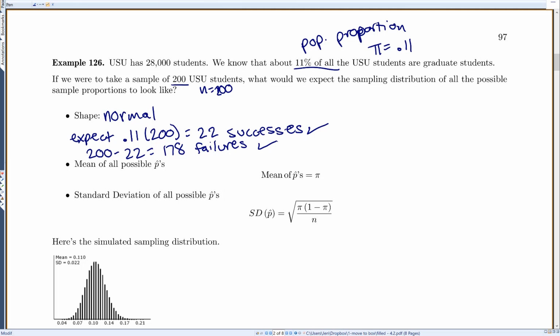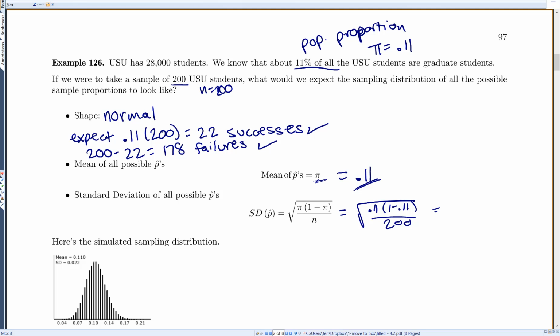Okay, what would be the center, or the mean, of all the possible sample proportions I could get? Well, it will just be centered at pi, our population proportion. So in our case, that's just going to be 0.11. And the standard deviation of all the possible sample proportions, the standard deviation of p hat, will be the square root of pi, which is 0.11, times 1 minus 0.11, over our sample size of 200.